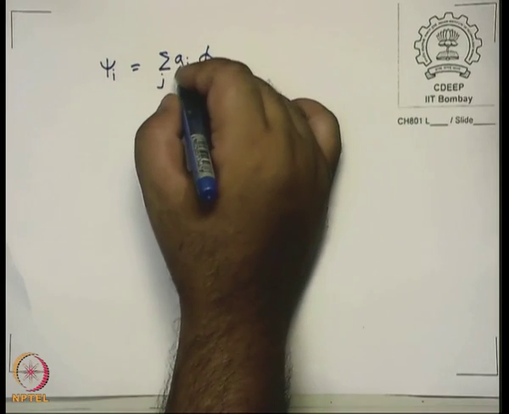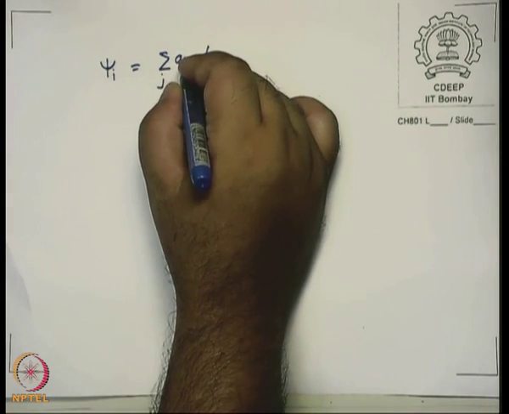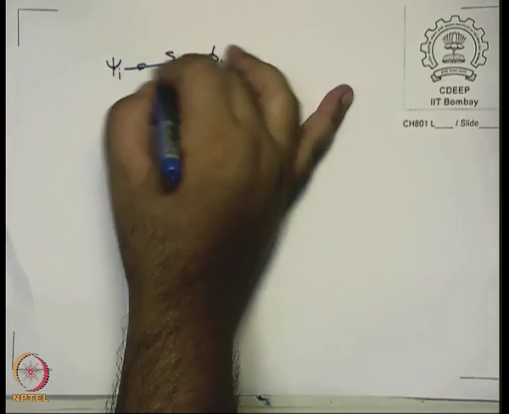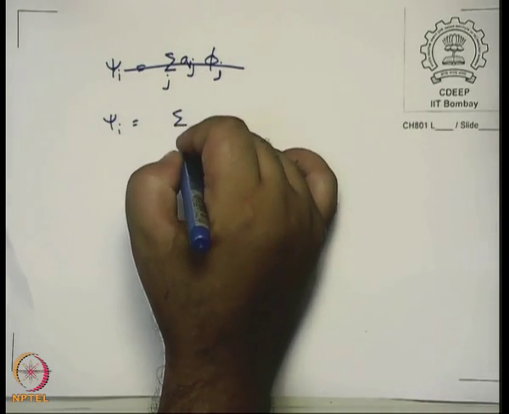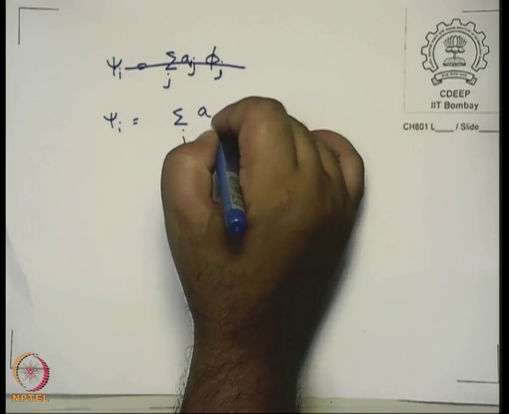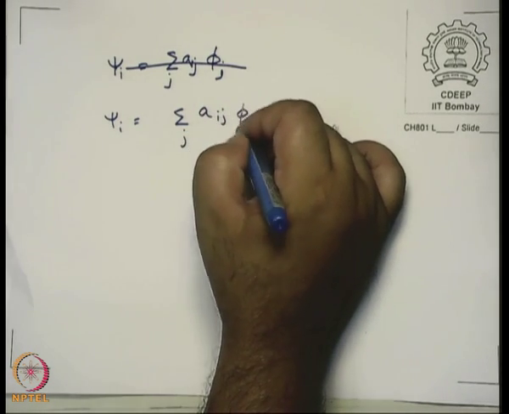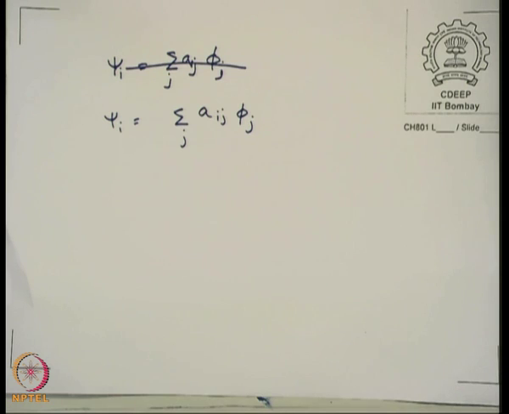Or I can make it a little more interesting by writing it afresh: psi I equal to sum over j a I j phi j. A I j is the coefficient for the jth atomic orbital in the ith molecular orbital. I think this is the most compact way of writing it.